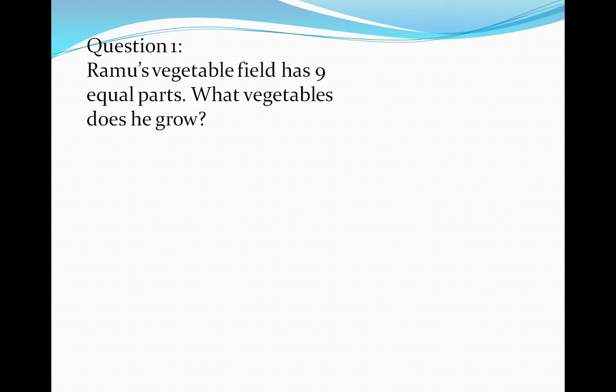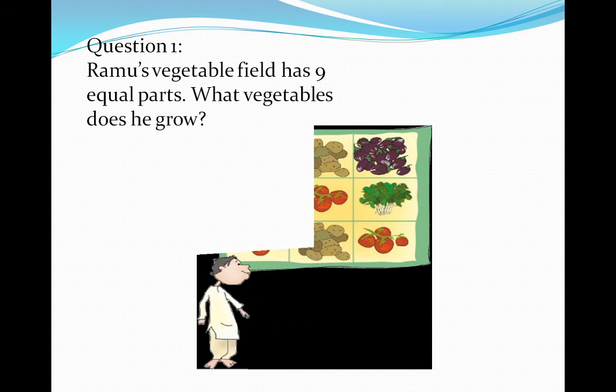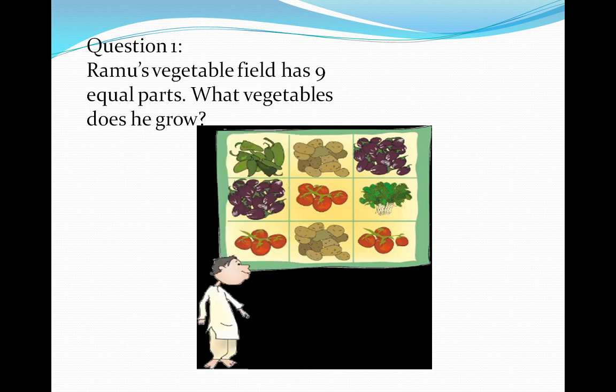Now the next question is: Ramu has a vegetable field. Look at here like this way. Ramu's vegetable field has 9 equal parts. Okay, this is a rectangular field and Ramu's vegetable field has 9 equal parts.